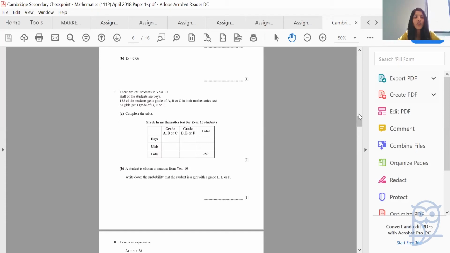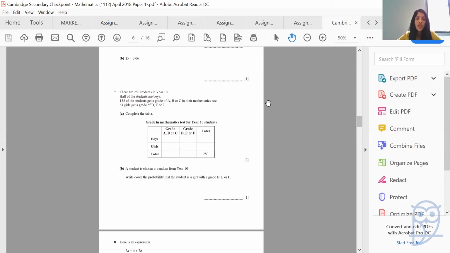Now I'm going to show you this particular question. It says there are 280 students in year 10. Half of the students are boys. 155 of the students get a grade of A, B, or C in their mathematics test. 61 girls get a grade of D, E, or F. Complete the table.